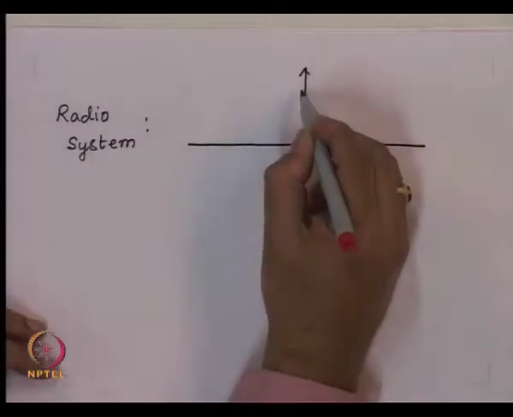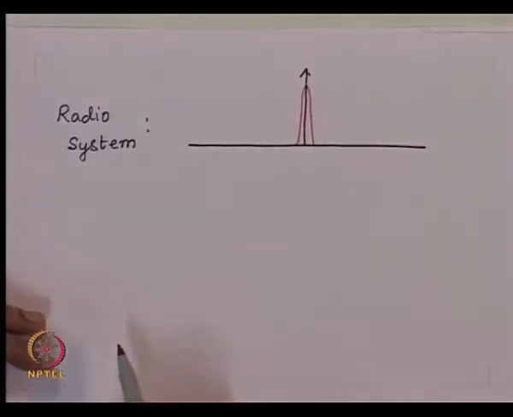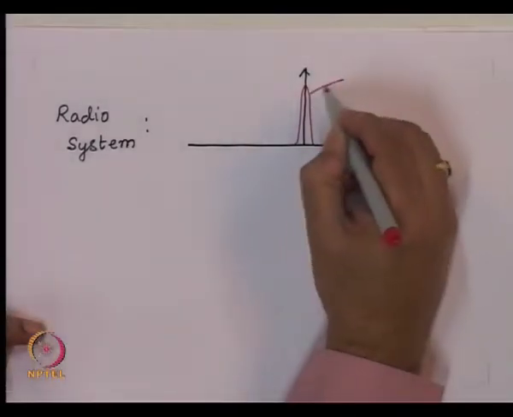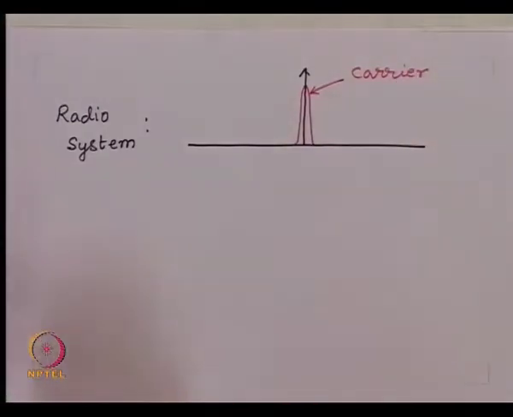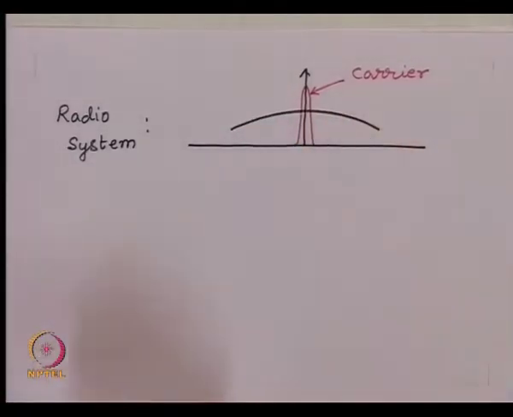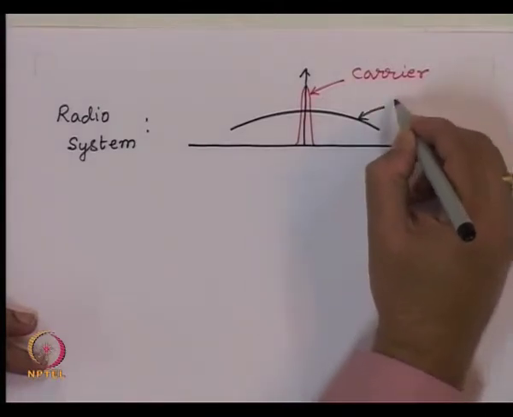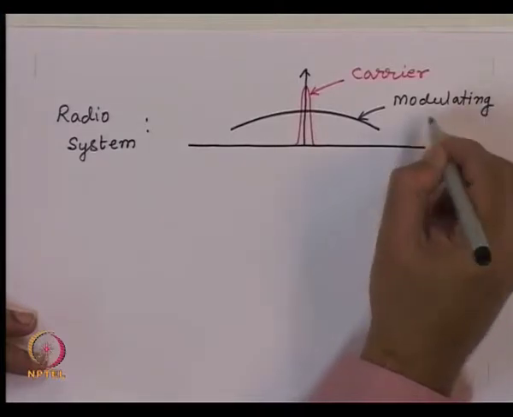Let us say this is my carrier frequency, which is very narrow, and my modulating signal frequency was large, whose spectral width is much larger compared to the carrier. So my modulating signal spectrum was like that.